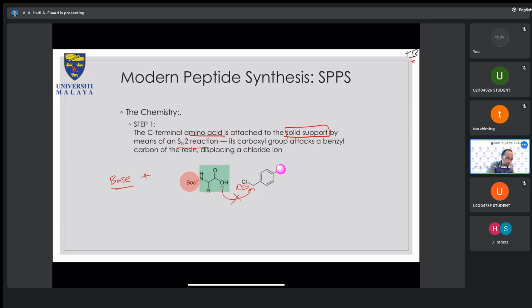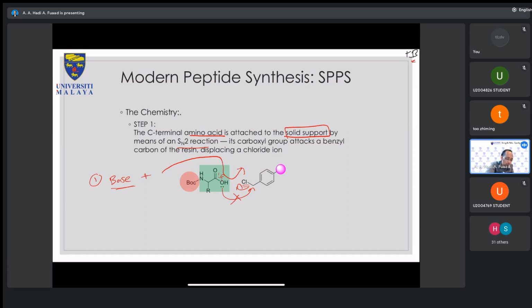Why? Because the first step is for the base to deprotonate the protons on the carboxyl. So deprotonation, where you now have a negative charge, or even though it's a partial charge while it's distributed, it is still more reactive than simply carboxylic acid in this particular scenario.